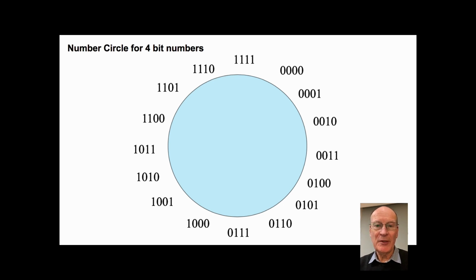So here on this slide, we have all the numbers from 0000 to 1111. In other words, from 0 to 15, and we write them around the circle so that the 1111 is immediately followed by the 0000 again. So it's just a complete circle. Okay, now that's the numbers 0 to 15.